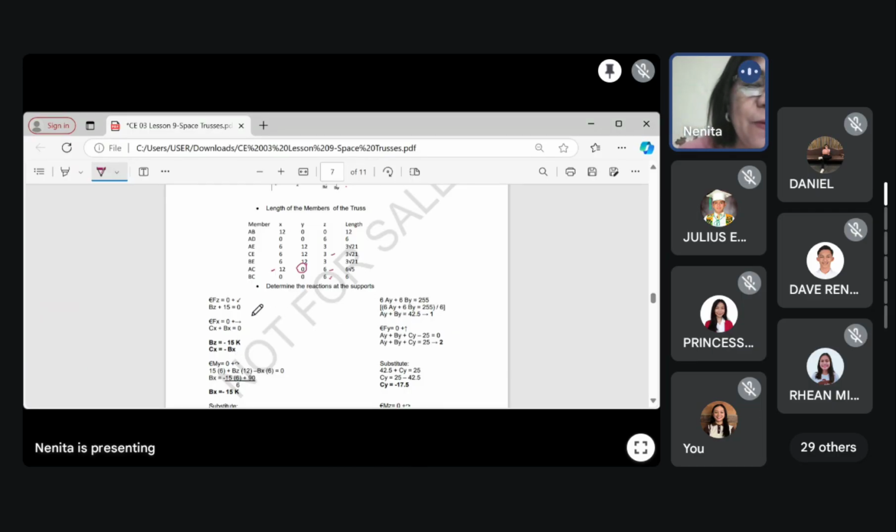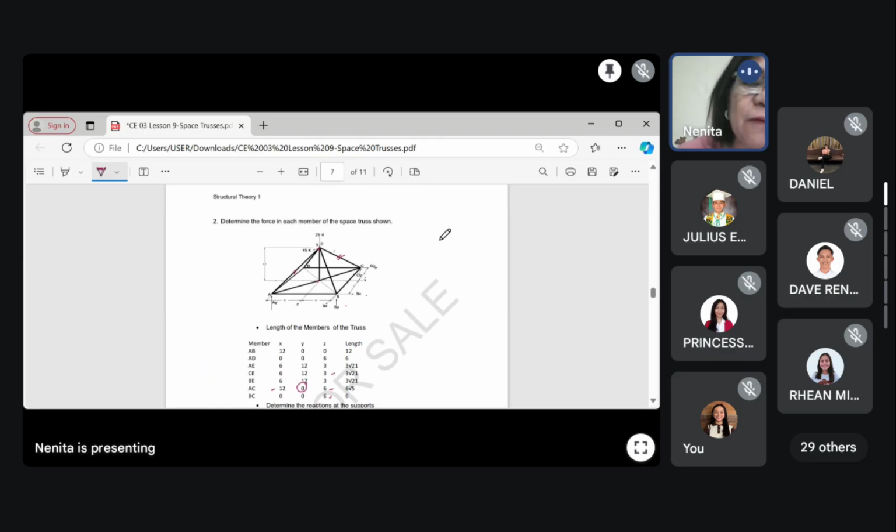Take note that we can start with, let's say, the summation of forces along the z-axis. Because, class, in a space truss, we are no longer talking about just a point. It is already the line of action, along the z-axis. Along the z-axis, summation, what do we have on z? Look at it.